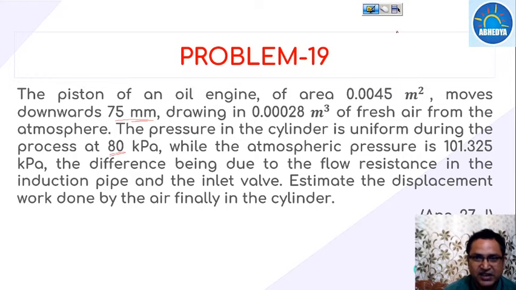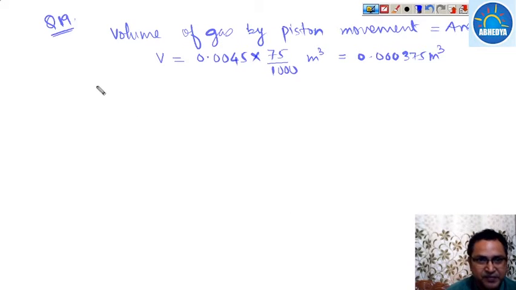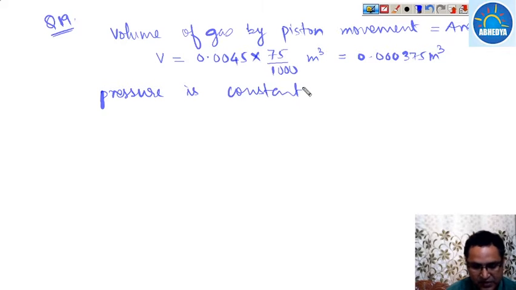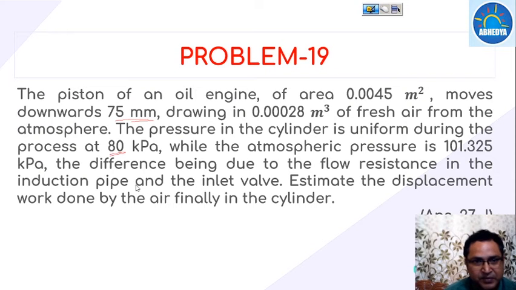This is constant, so the pressure remains constant at 80 kilopascal. The difference is due to the flow resistance in the induction pipe and inlet valve. Estimate the displacement work done by the air finally in the cylinder.